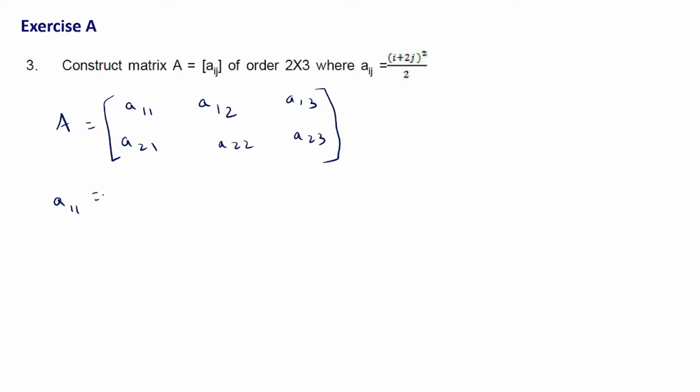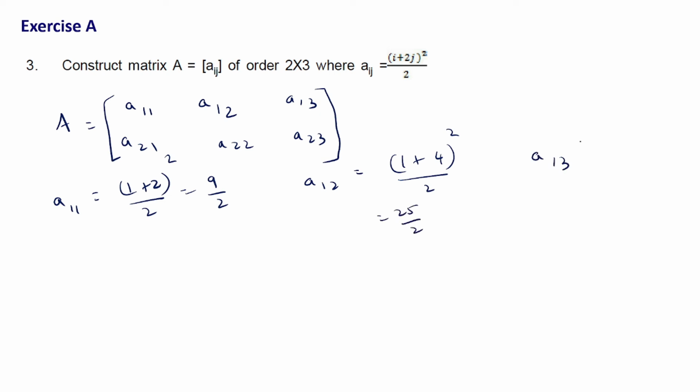So A11 is equal to i is 1, j is 1. So this is 9 by 2. Then A12 is equal to i is 1, j is 2. So it is 1 plus 4 the whole square by 2. This is 25 by 2. Then A13 is equal to i is 1, j is 3.